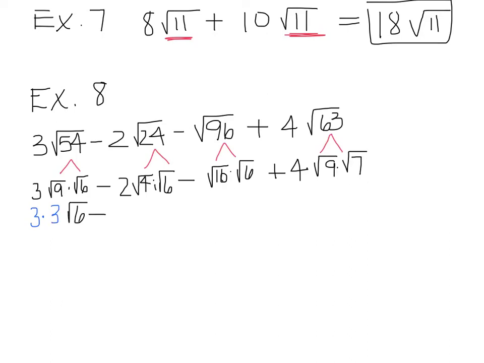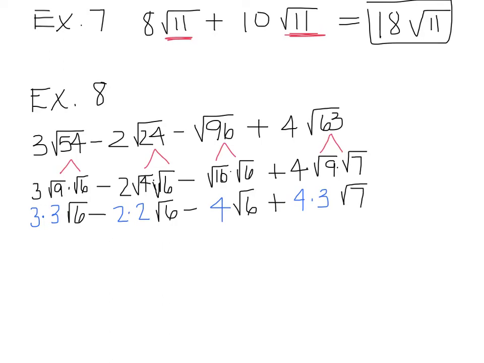The square root of 4 is 2, but there's a 2 already there. The square root of 16 is 4. And the square root of 9 is 3, but there's a 4 already there.